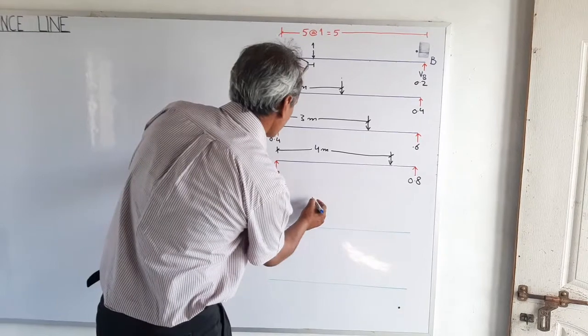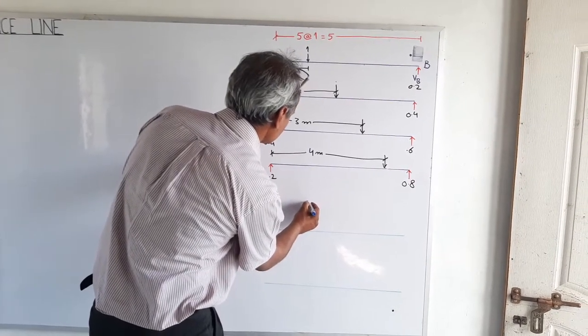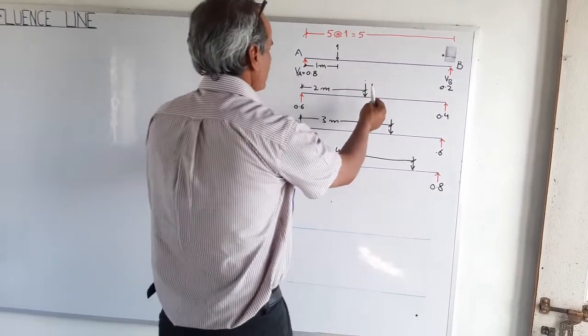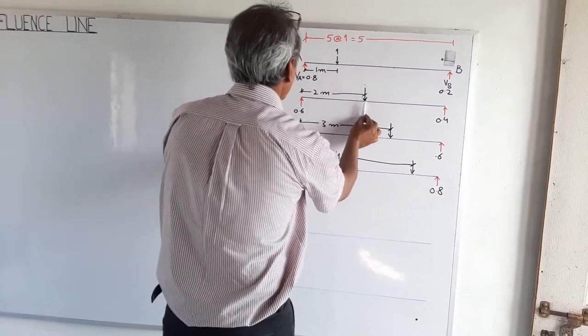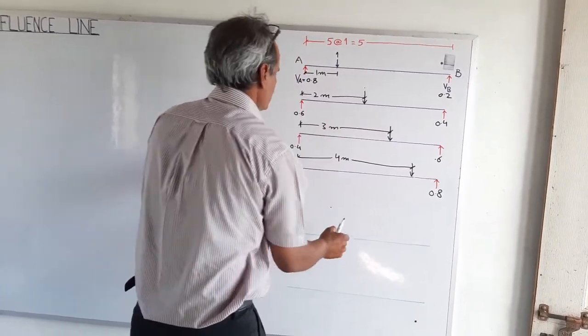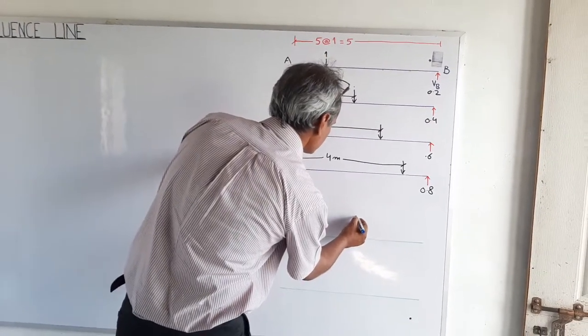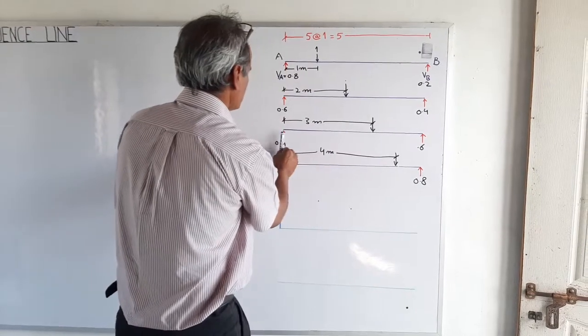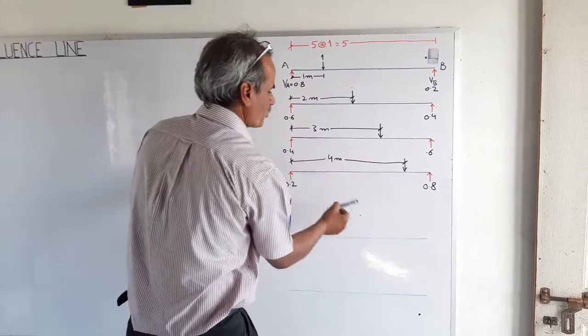So we mark another ordinate which is 0.8 over here. And when the load is at 2 meters, our reaction has reduced to 0.6. When the load is at 3 meters, the reaction at A has reduced to 0.4.